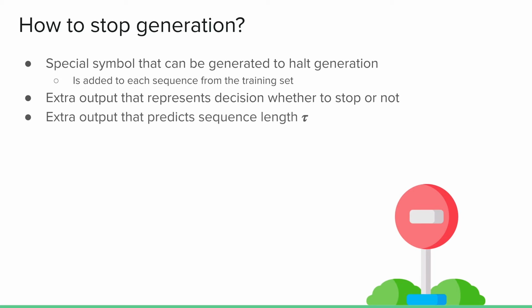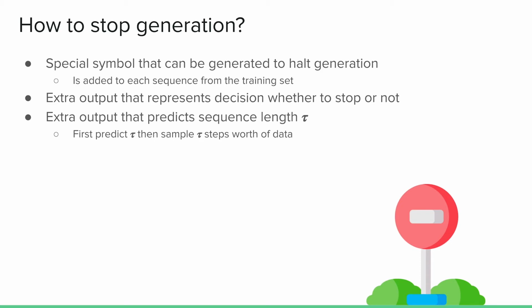And we can also say, okay, maybe we just want to have a fixed sequence here, and we can split this into saying, okay, please predict the length tau, so the number of samples that we actually want to produce from the input, and then we just sample tau times.